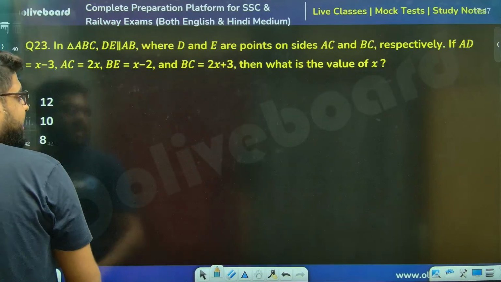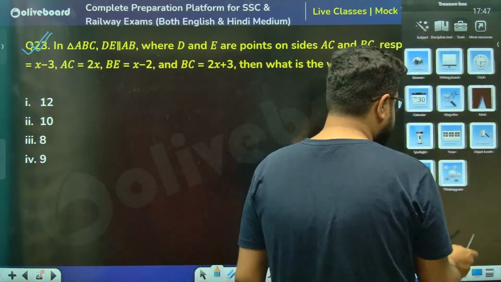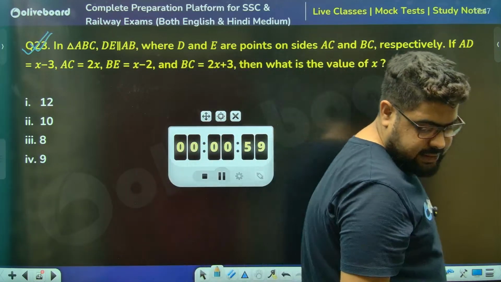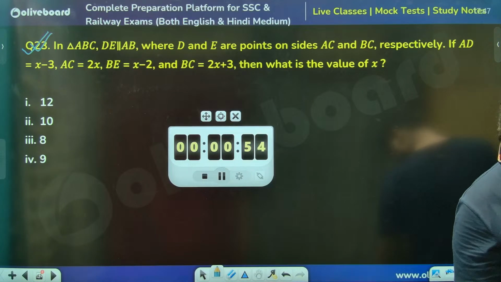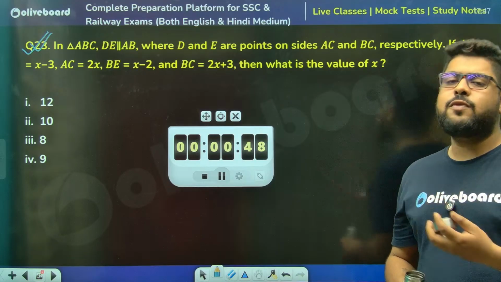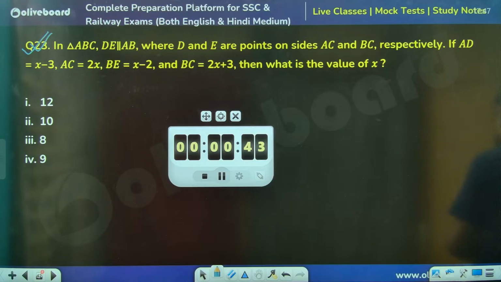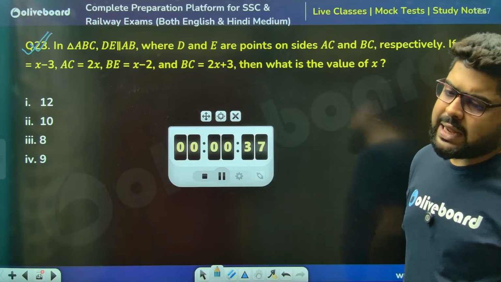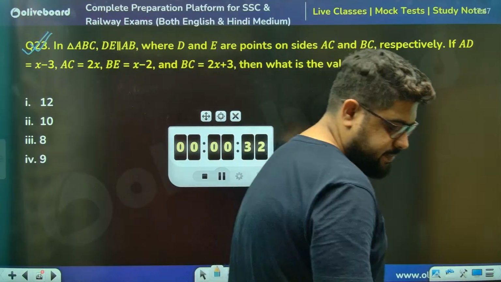Now, solve this one. I am giving you a minute to think. Take a minute to think and solve this. Need answers. Yes, Sashi, once we complete triangles, we'll move into quadrilaterals. Don't worry. No, I'm not getting your question.